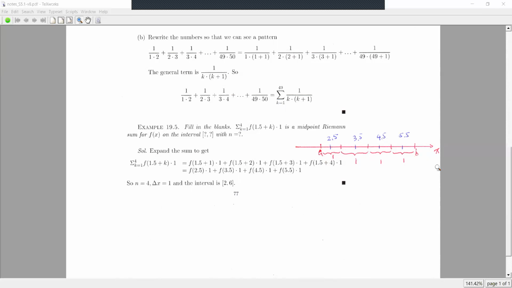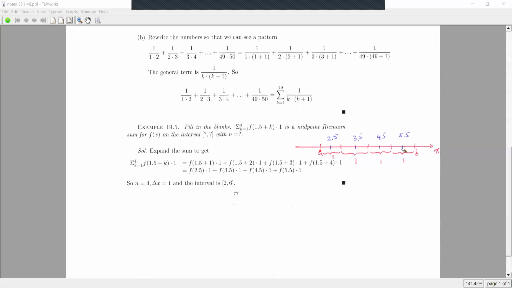Then, what is A? What is B? Okay. From this point to this point, the length is 1. The midpoint is 2.5. So what is A? A should be 2. And this point is number 3. Then similarly, how to tell B? From this point to B, the length is 1.